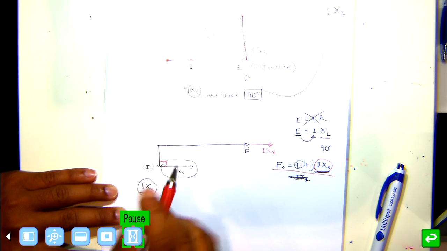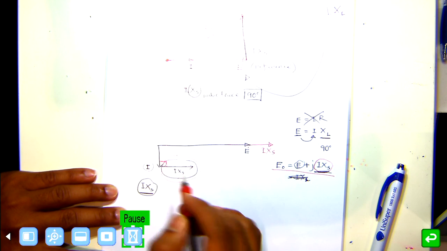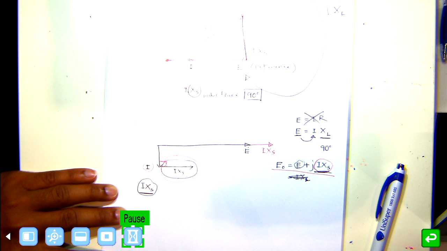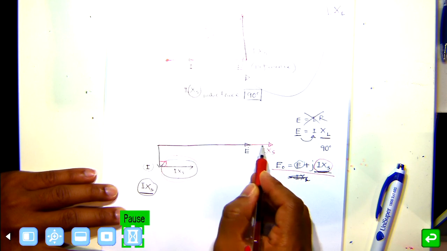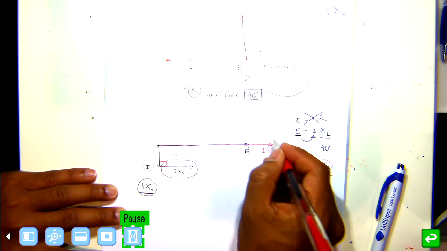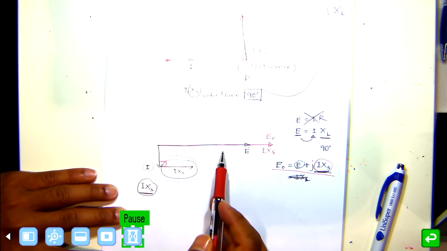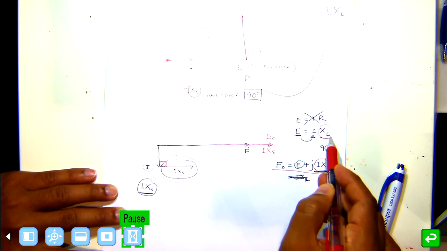So in the phasor diagram, you don't draw it here, you draw it there. So what will be your E0 now? Your E0 will be your E plus IXS. The shape is like this because of the inductive load.